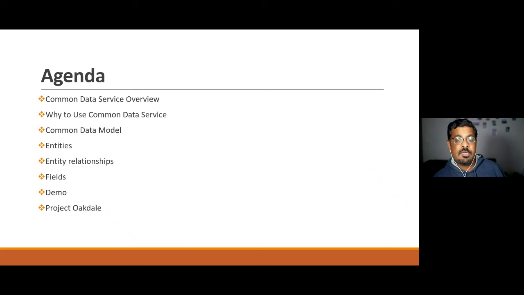After that I'll show you some demo of how to work with Common Data Service, entities, entity relationships, and fields, and at the very end I will discuss Project Oakdale.